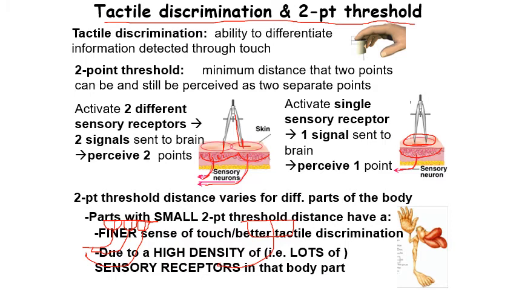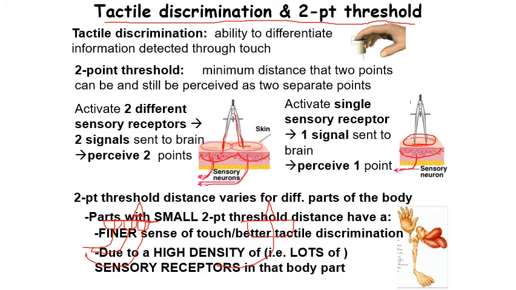So where I have a higher density of receptors, I have a greater ability to determine two points at a smaller distance. If I had the caliper here, that would be one, but with my higher density region, I can tell with this amount of distance between my calipers that there are two points.